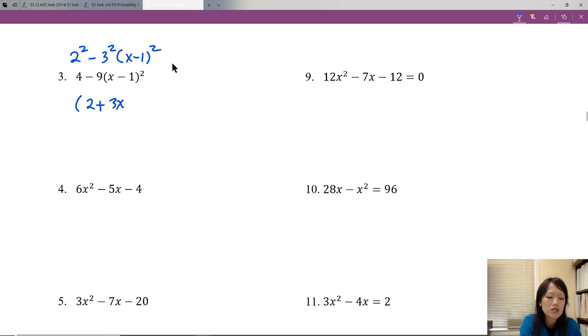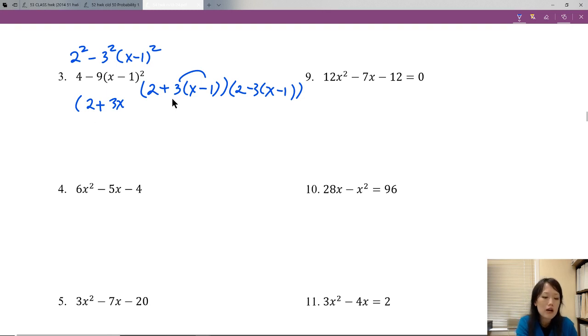When you write it, if you simplify, it's 2 plus 3 times x minus 1. You have to distribute that. And the other one is 2 minus 3 times x minus 1. If you're going to forget, then you have to write it out. So then we get what? 2 times 3x minus 3. The other one? 2 minus 3x plus 3, and then simplify.